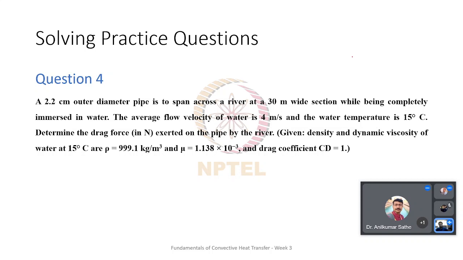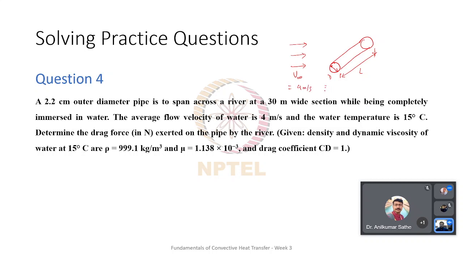Let me draw a schematic of this. So there is a pipe like this. Its diameter is given, as well as its length, L, and there is a flow like this. Uniform flow, u infinity, and u infinity is given to be equal to 4 meters per second. D and L are also given.